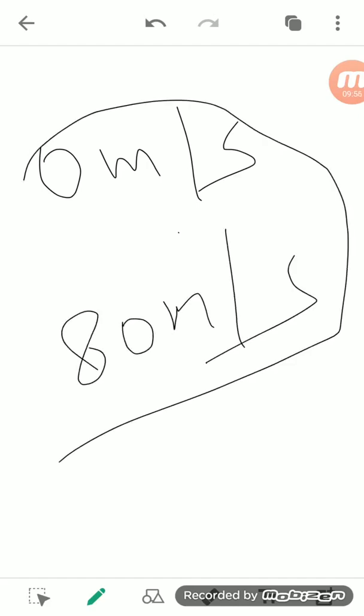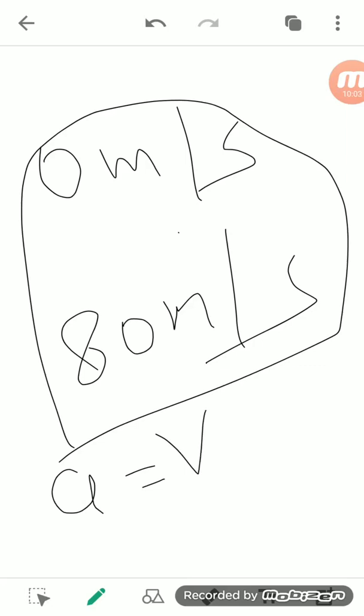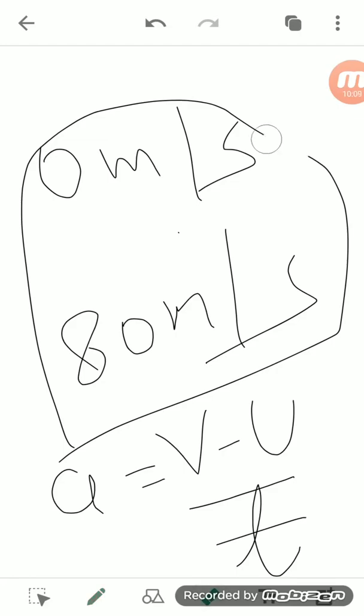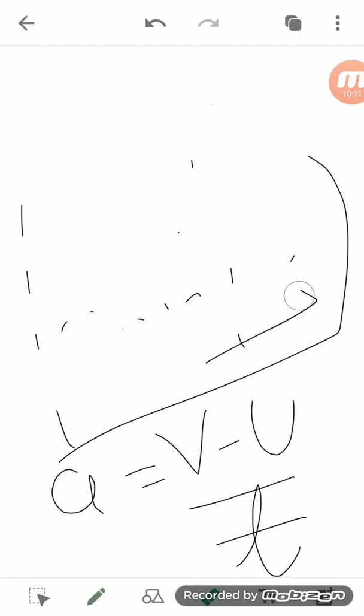If we want to find the acceleration, we know that acceleration equals final velocity minus initial velocity upon t. So if we put in the values, what will happen?